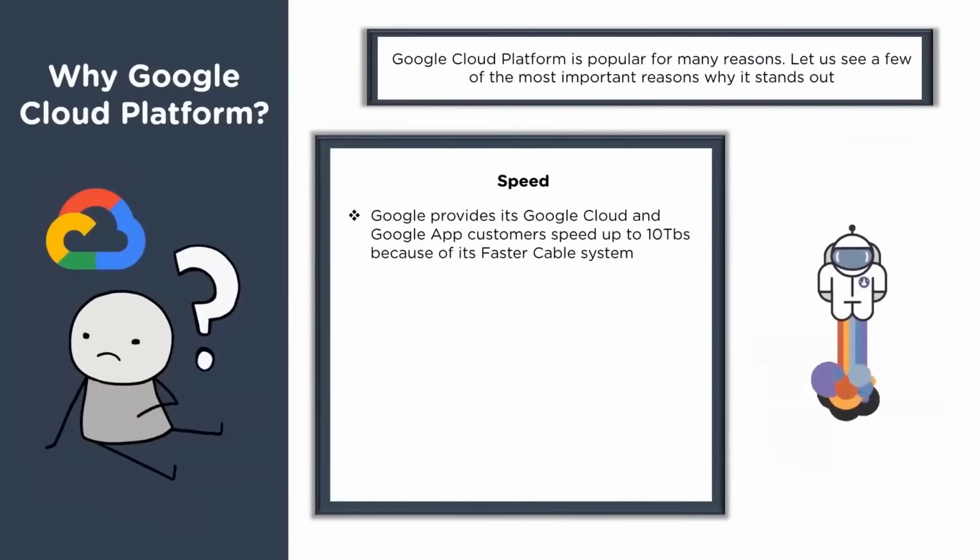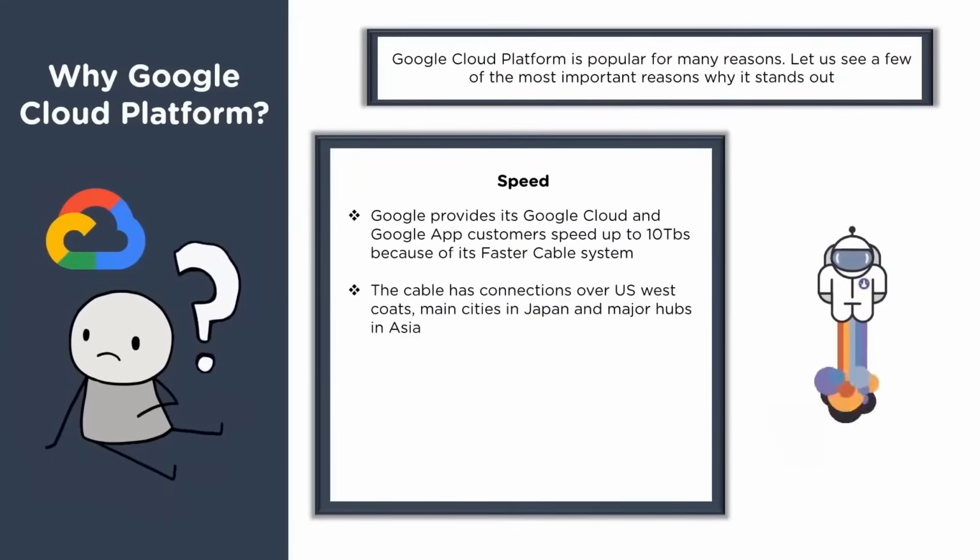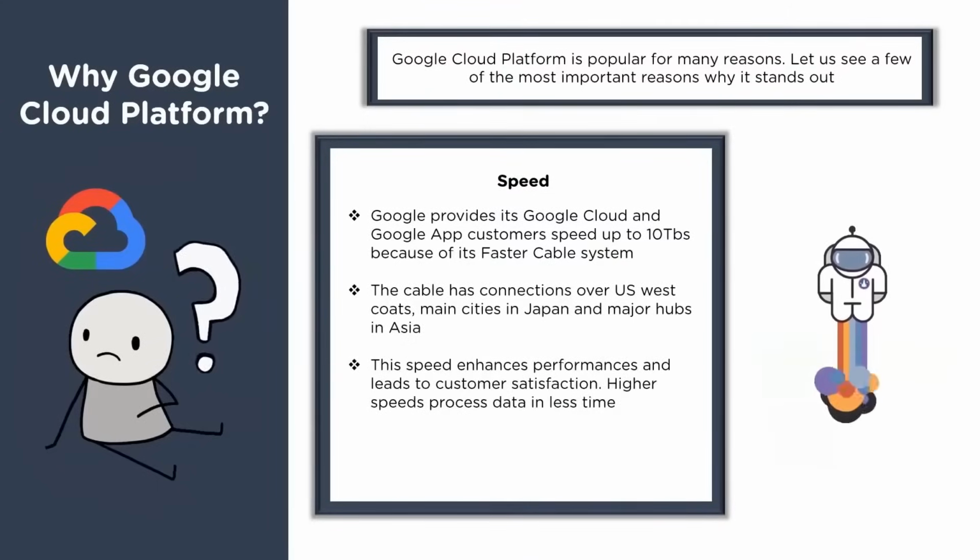All in all, speed is one of the defining characteristics of Google Cloud services. The cable has connections over US West Coast, main cities in Japan, and even major hubs in Asia. This speed enhances performance and leads to customer satisfaction.